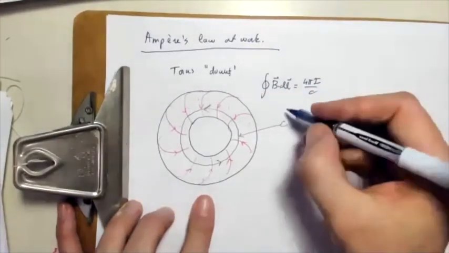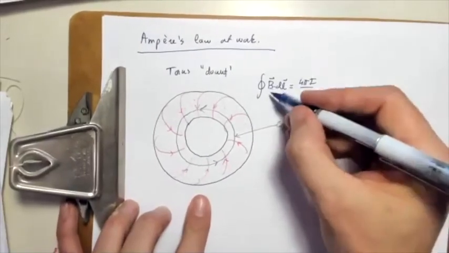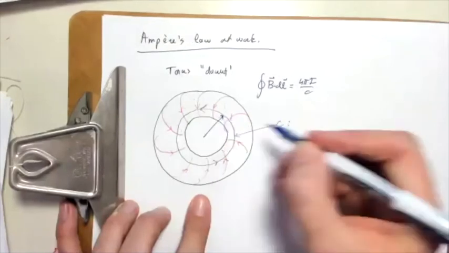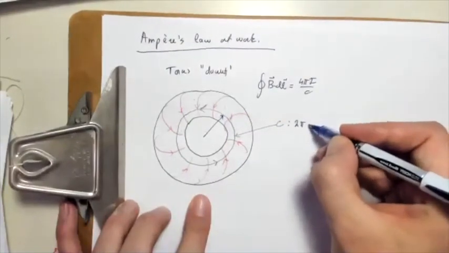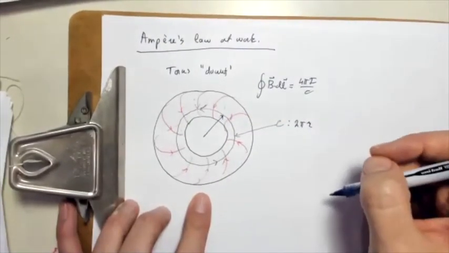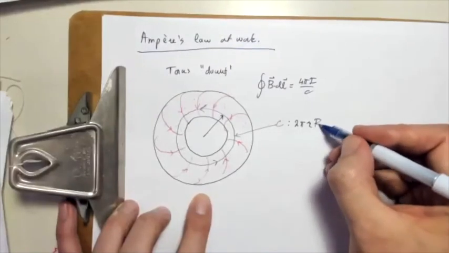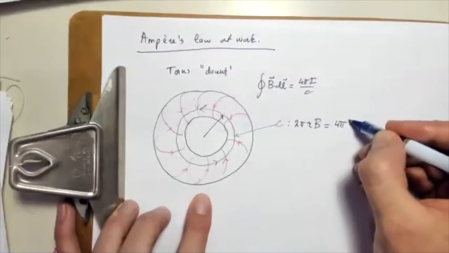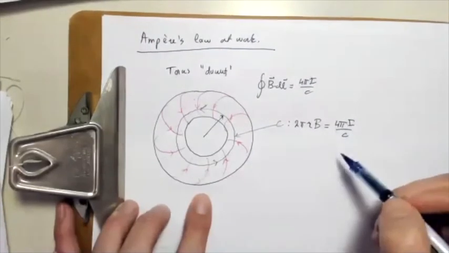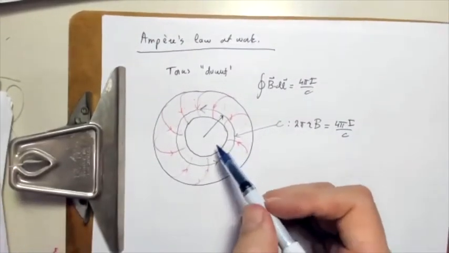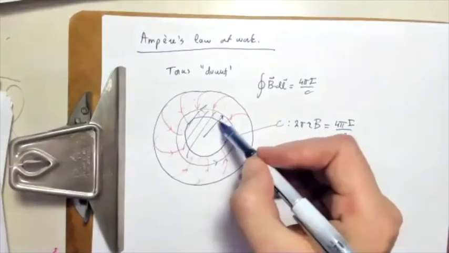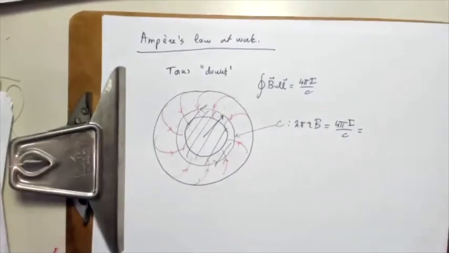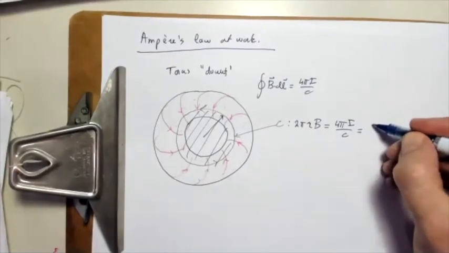All right, so then in that case, we get the line integral of B dl. It's going to be 2 pi times whatever R is. So 2 pi R times B is going to be 4 pi I over C. Now, what is I? It's basically the I that pokes a hole in this surface, and it depends on how many wires you've got.